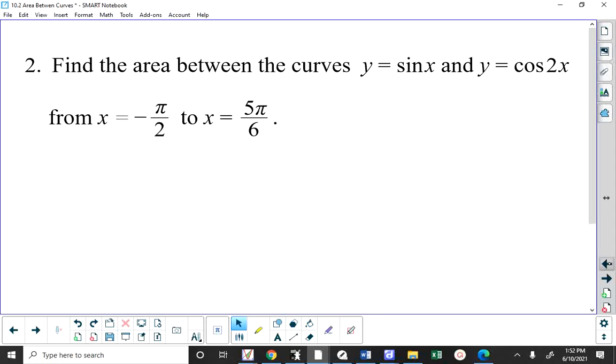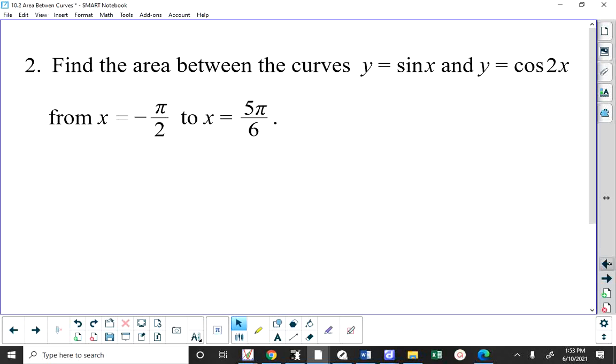What is the area between the curves y equals sine x and y equals cos of 2x? I'm trying to decide whether we should maybe just rely on our graphing calculator for this one. Let's do that.